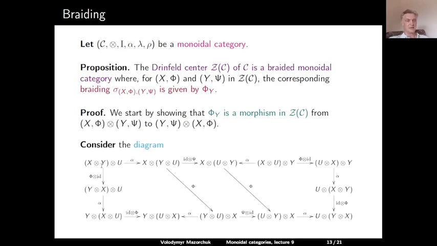We start from x⊗y⊗u, and using α, we can go to x⊗(y⊗u). Using ψ in the bracket, we can go to x⊗u⊗y. To here, we can come using α from (x⊗u)⊗y. Using φ in the bracket, we can go to u⊗x⊗y. From here, using α, we can go to u⊗(x⊗y). And from here, using φ in the bracket, we can go to u⊗y⊗x.